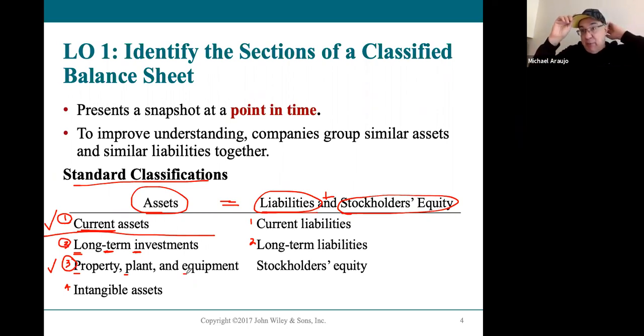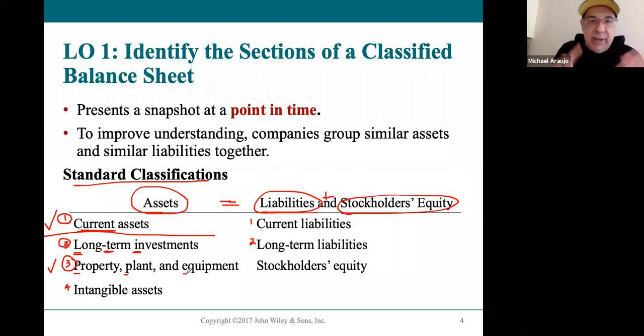For my pizzeria, let's say I own my shop. So I own the land, I own the building, I own all the equipment in the building and out of the building. That's my property, plant, and equipment. I'm using all of that right now to sell my pizza. And so it's property, plant, equipment.